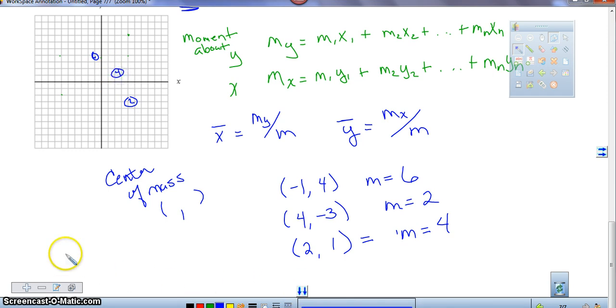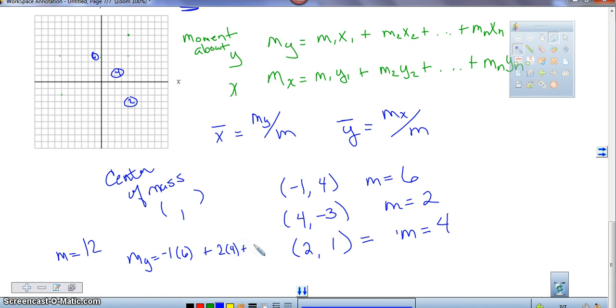So what I do is I find my total mass. I guess I could do that first. So that's 6 plus 2 is 8, plus 4 is 12. And then I find my moment with y. So it would be my x value, so negative 1 times 6, so the mass times the x, plus 4 times 2, plus 2 times 4.